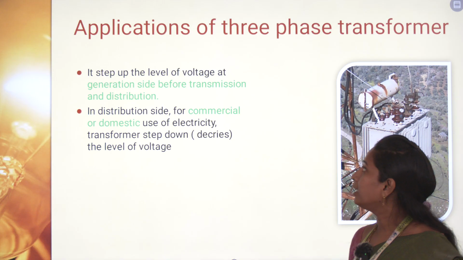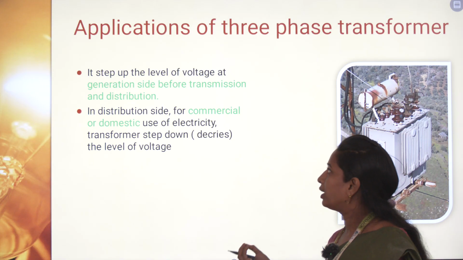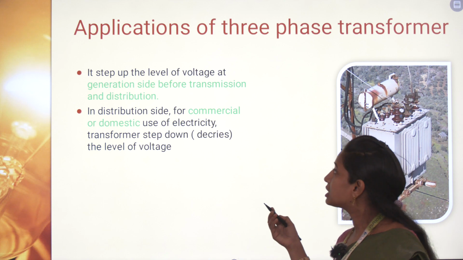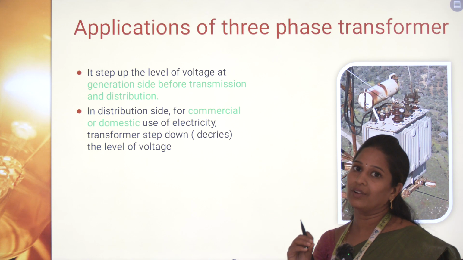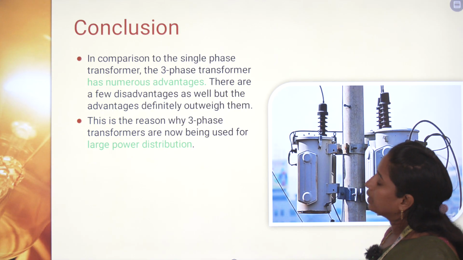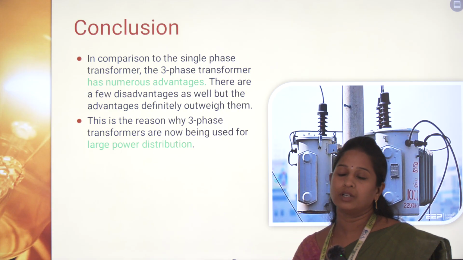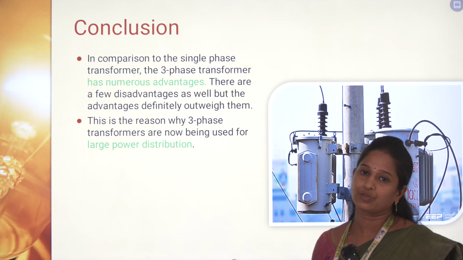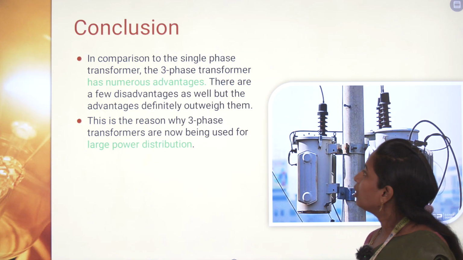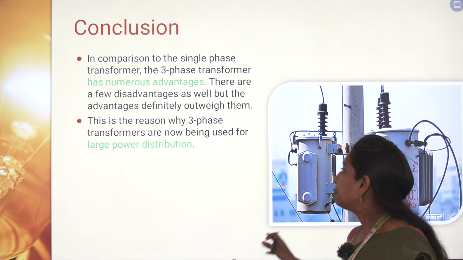On the distribution side, for commercial or domestic purposes, it is used as an electricity transformer to step down to low voltage levels. Finally, coming to the conclusion, when compared with the single-phase transformer, the three-phase transformer has more advantages, and this is the reason why we go for the three-phase transformer.